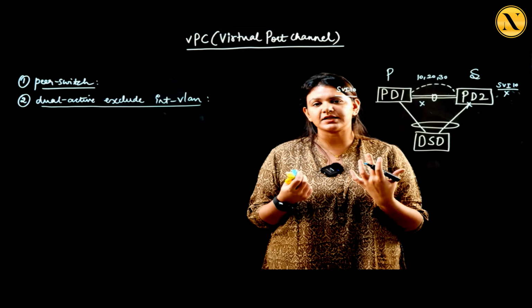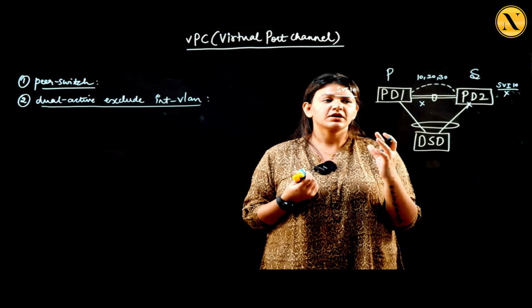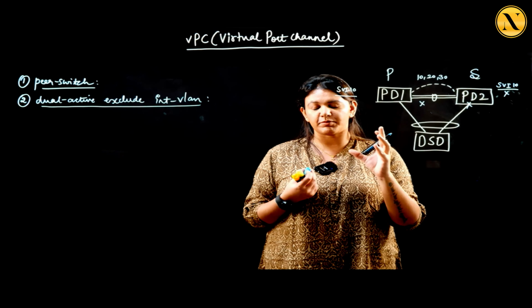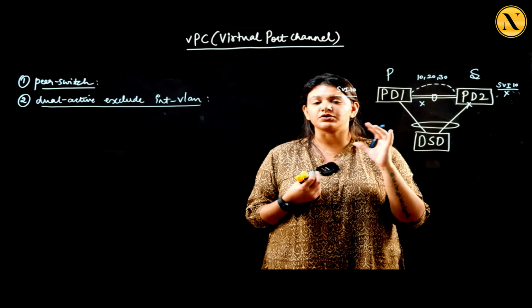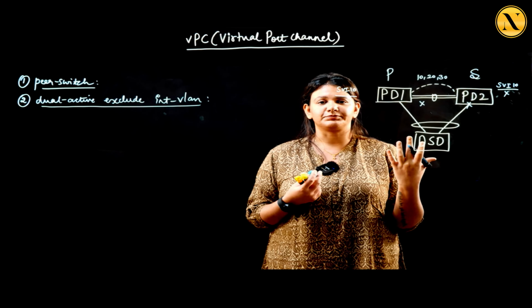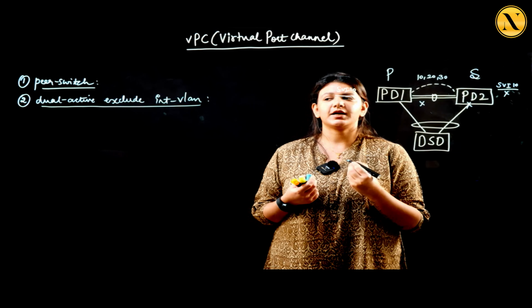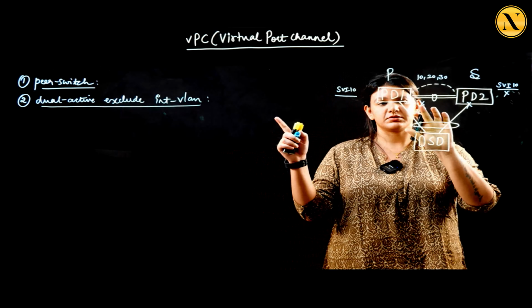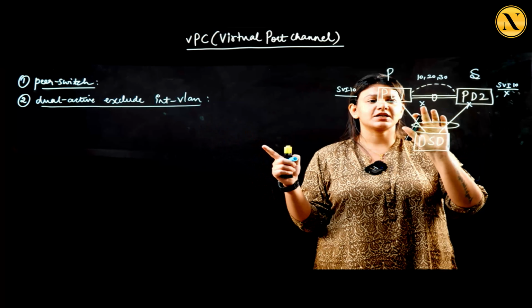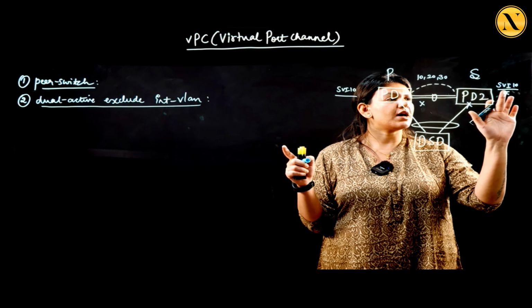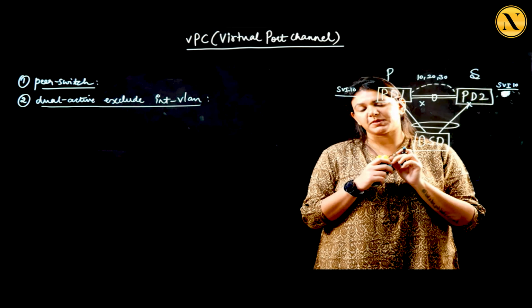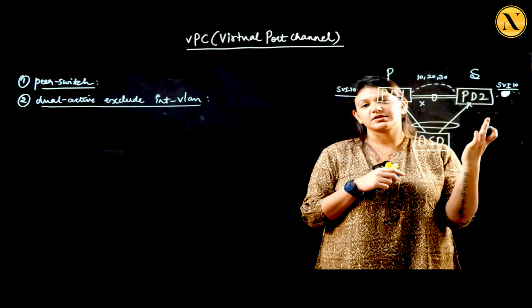Again, to maintain consistency, the same SVIs would normally be configured on both the devices, and you need to exclude them from being suspended when the peer link goes down. Okay, so after you have configured this, as soon as the peer link goes down, the SVI will not be suspended any longer. It will still be up.